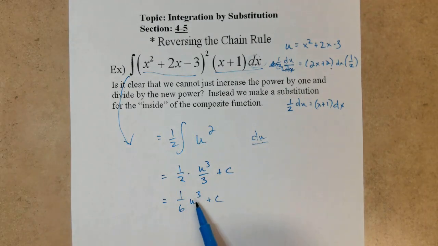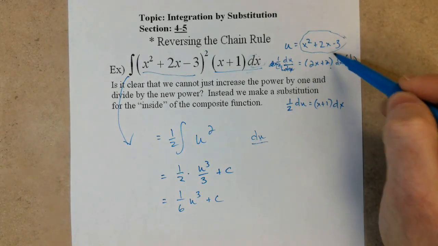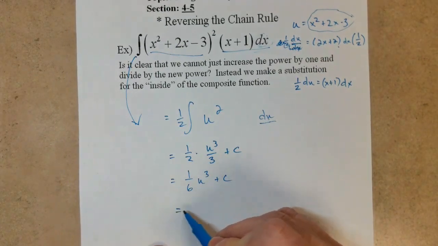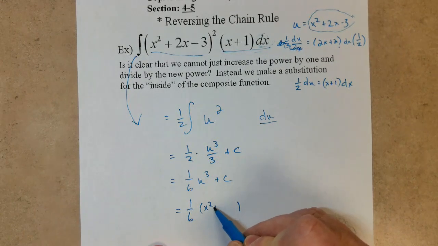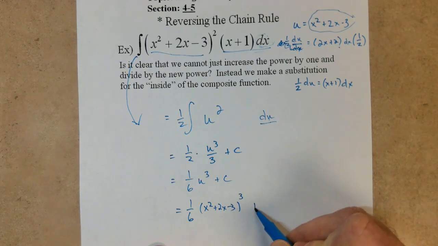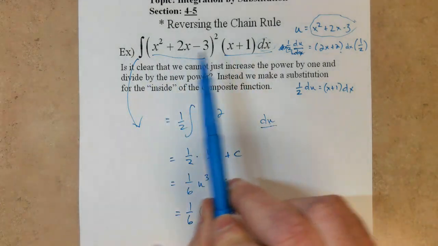However, we don't want our final solution to be in terms of u. We want to bring what we had u equal and plug that back in here. So my final answer is 1/6 times the quantity x squared plus 2x minus 3, cubed, plus c. This is the antiderivative of this. Let's try another one.